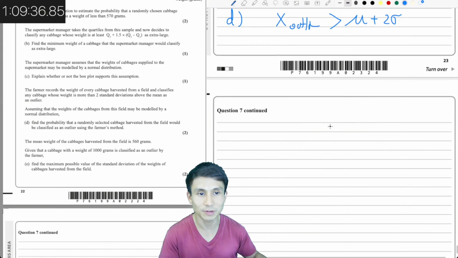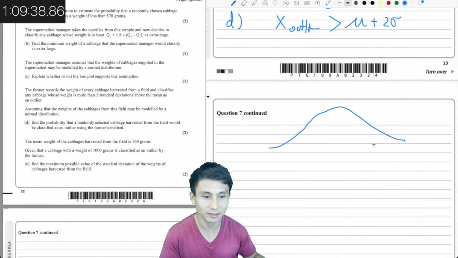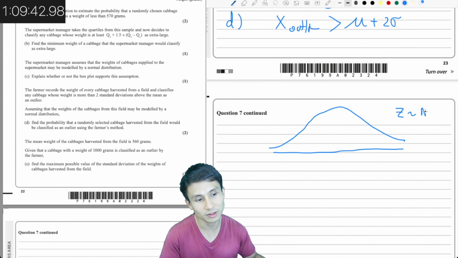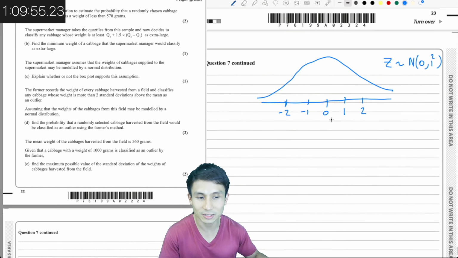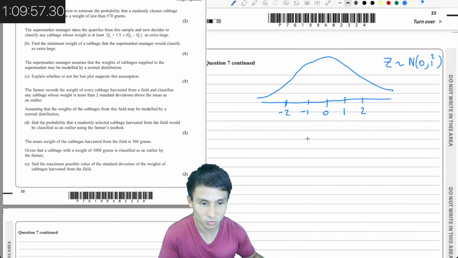If you know the bell curve, this is the Z bell curve. Normal, 0, 1 squared. The middle is 0, and this is Z of 1, this is Z of 2, and so on. You have to know that these Z values, 0, 1, 2, come from this. How do I get Z of 1?